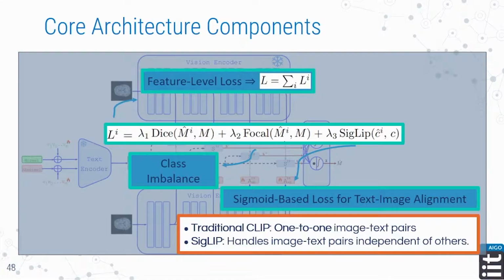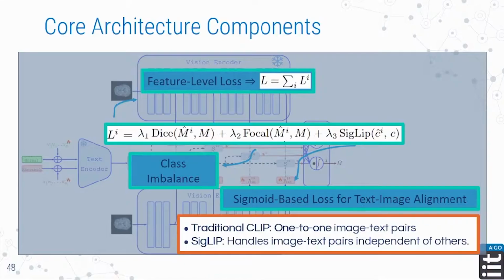And the dice and focal losses are essentially used more for the segmentation map, because they take into account better the boundaries between the normal and abnormal areas, for example, and give more weight to the difficult samples, which are just the pixels close to the boundaries.